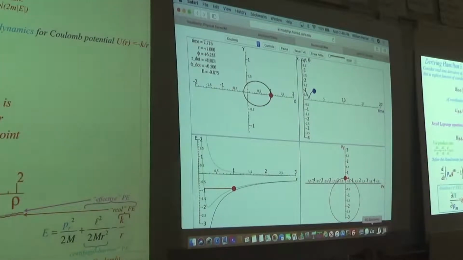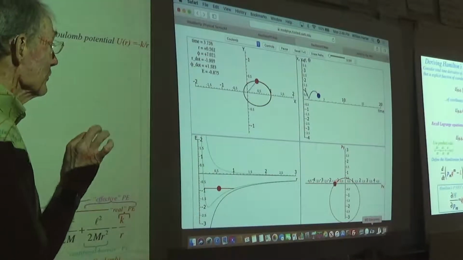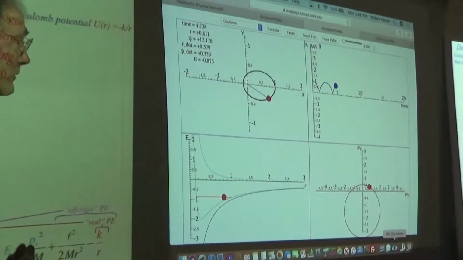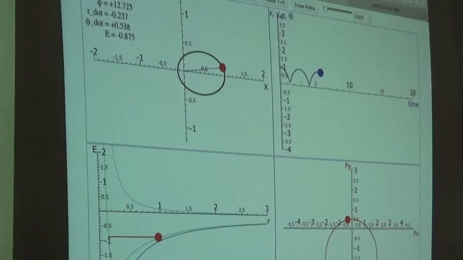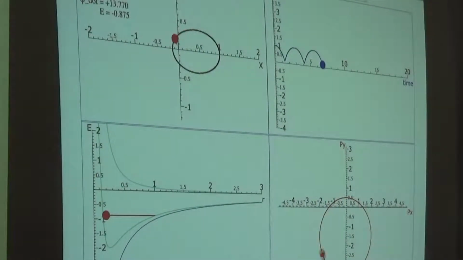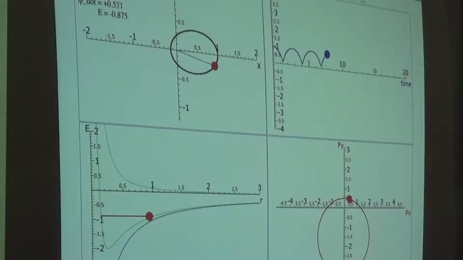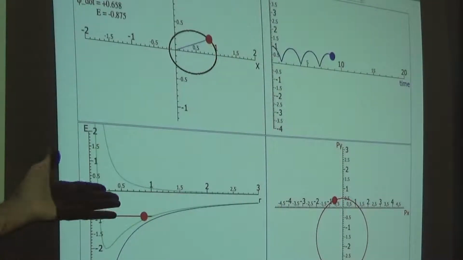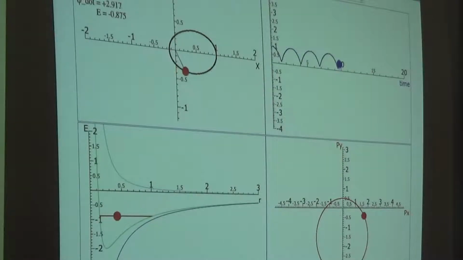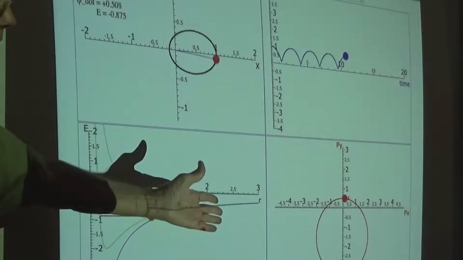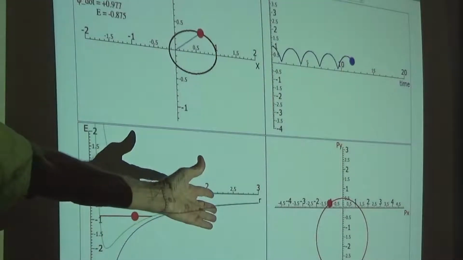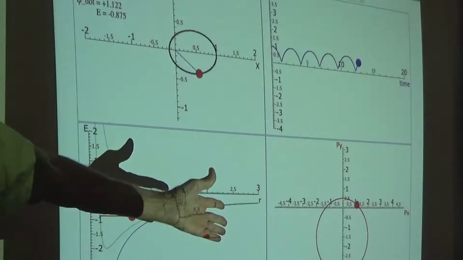Now there are a couple of ahas right here. This is something where when you do simulations, you discover some things that most people that taught mechanics don't know. They can do the algebra for a problem like this, but did any of them know that you make a perfect circle with the momentum vector? That's cool.